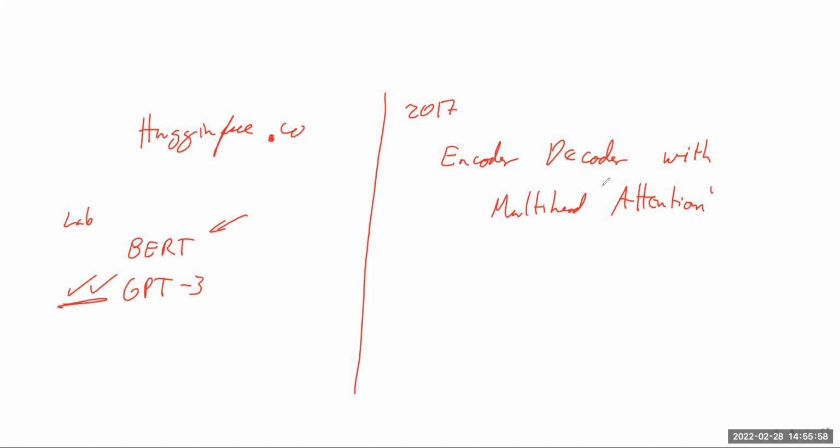So that's kind of a long name, but that was the original one. And it basically captures the architecture of the original transformer, which was, as I said, for language translation.